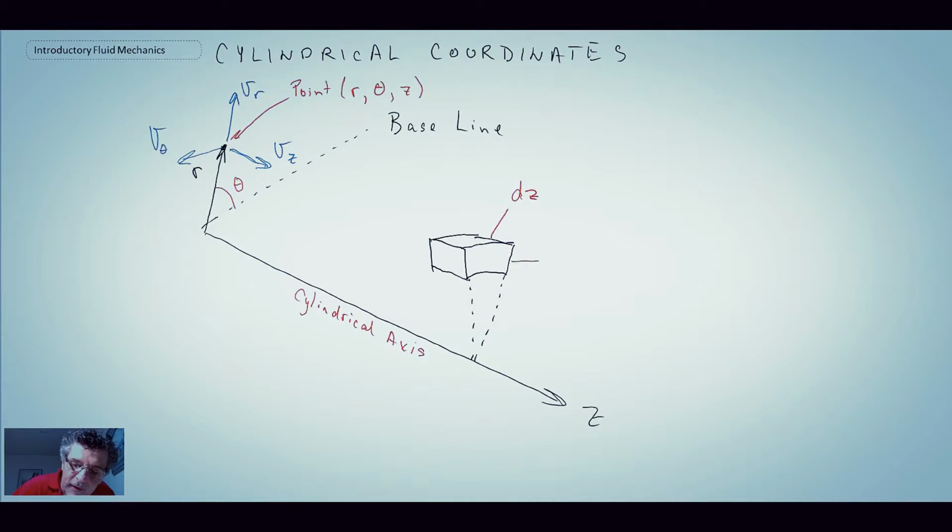This side is dr because we have a coordinate r, and we have an angle here, d theta. So we have dr, dz, and then the size of the inner part there would be r d theta. I'll put that in red. So r d theta would be that size there. And this is a typical infinitesimal element.